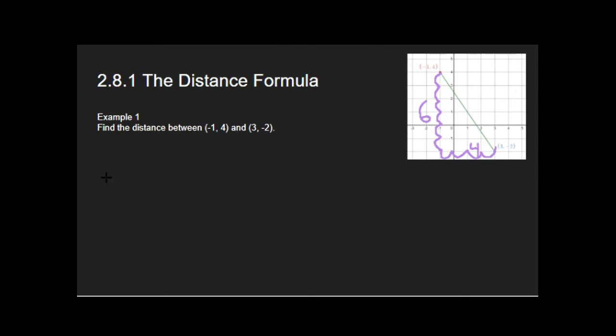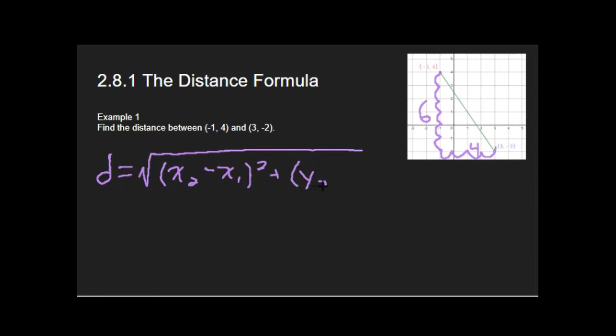So let's go ahead and plug it into the distance formula. Let me go ahead and rewrite the distance formula here. Distance is equal to the square root of x2 minus x1 squared plus y2 minus y1 squared. Okay, so let's go ahead and plug in. Now, it does not matter which x and y we call 2 or 1 as long as we're consistent.